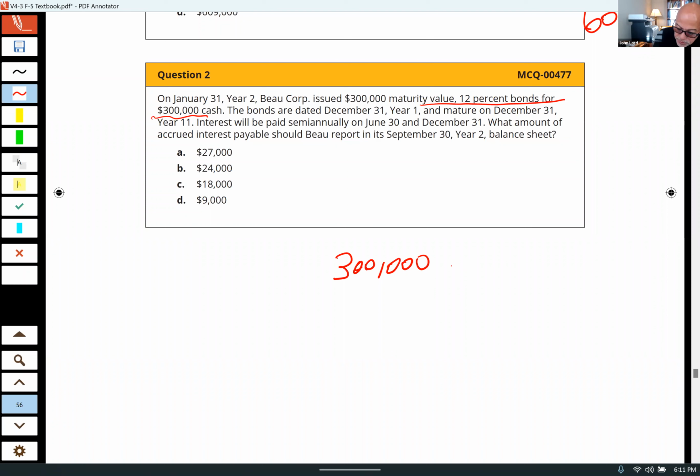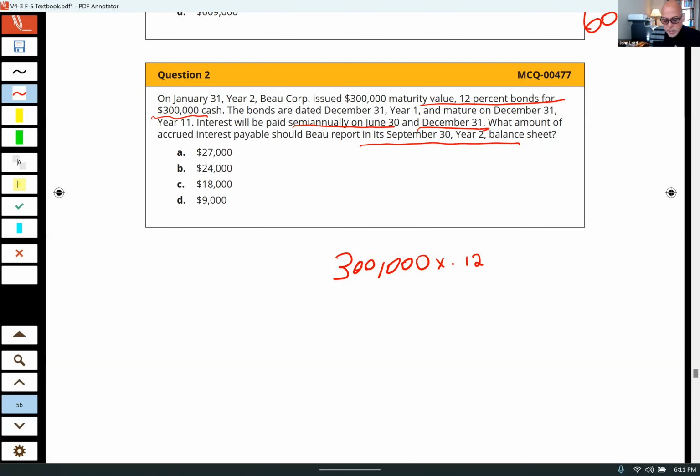So now we're going to multiply that by the 0.12. And they want to know what is the interest payable at September 30th. And the bond has interest payment dates of June 30th and December 31st.